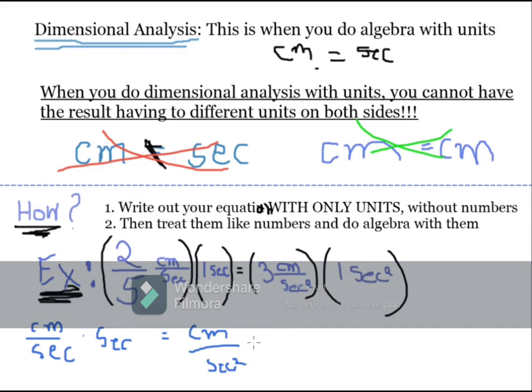This is an easy problem since it's straightforward, but some you may have to do a bit of thinking and use equations, but that's later in physics. Here you know seconds and seconds cancel out, and second squared also cancels out.